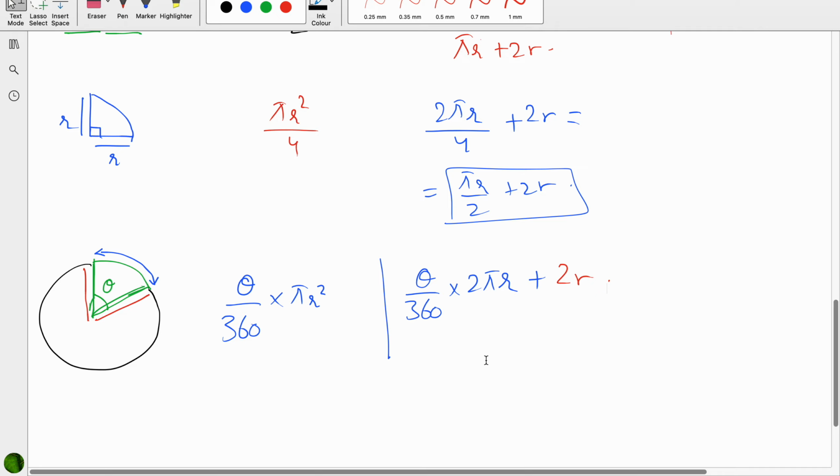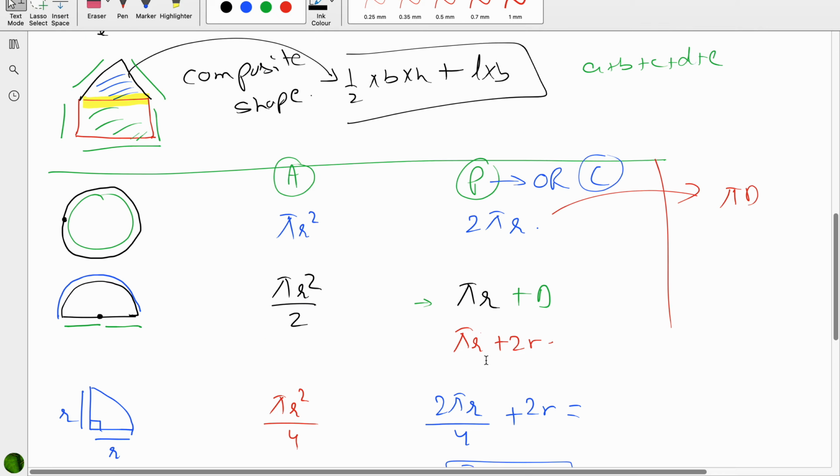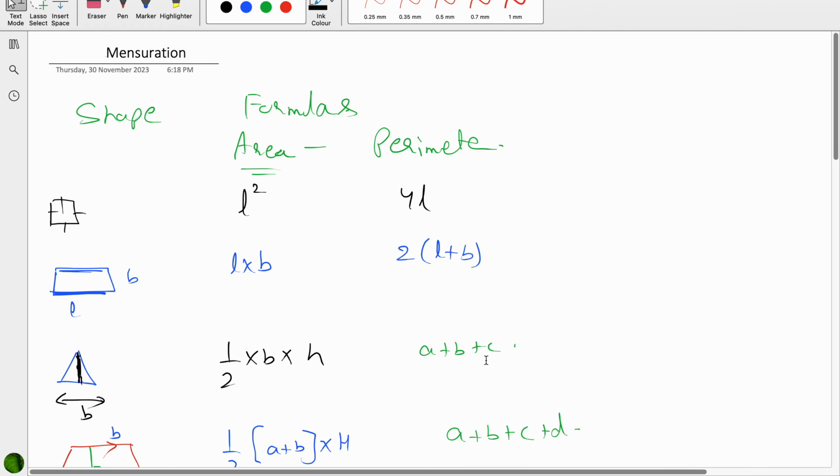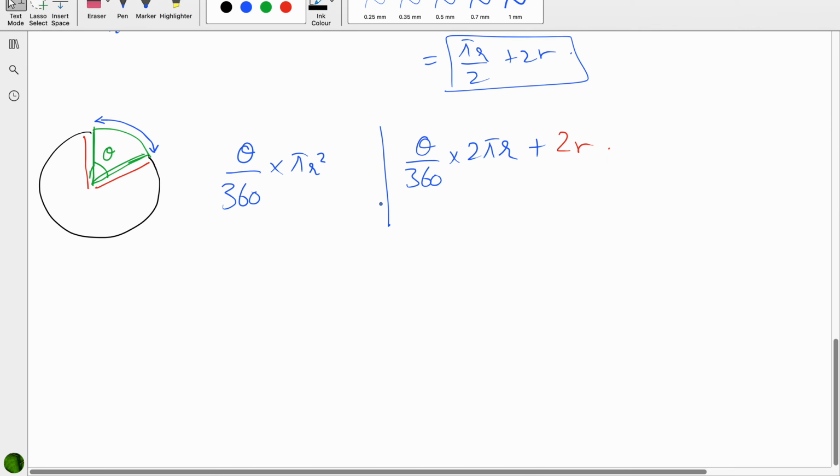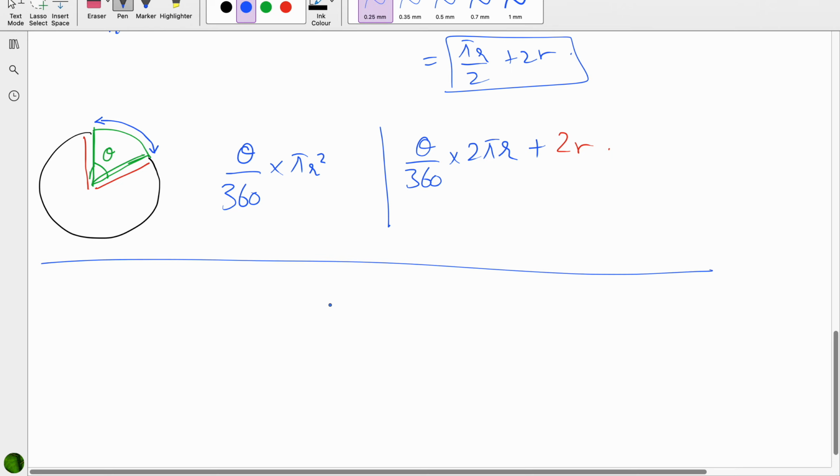Now I'm going to try and change these shapes into 3D. Let's say we started with the square, and once we move towards 3D, we will be talking about volume and total surface area.